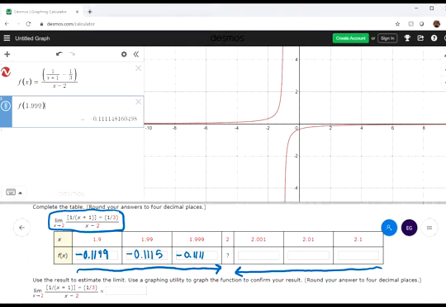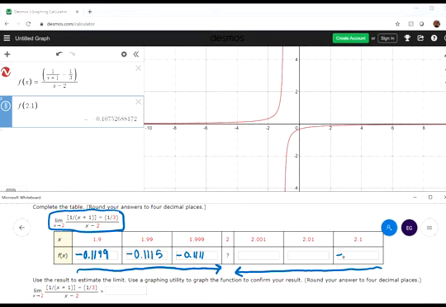So let's replace that with 2.1. And we have, round to 4 places, negative 0.1075.